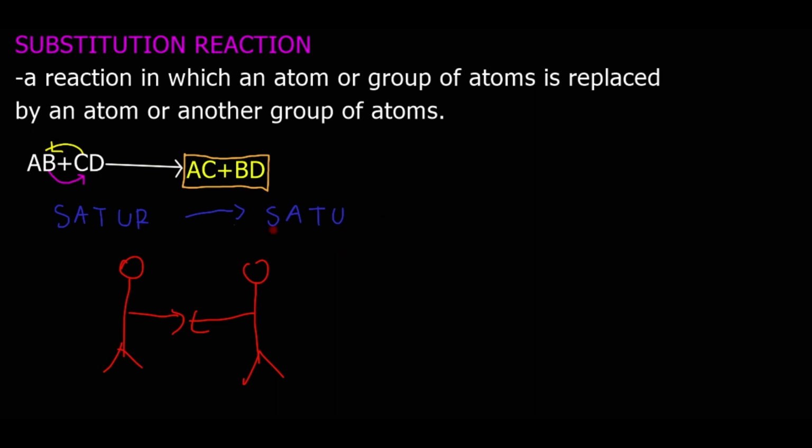So saturated compounds are things like alkanes or haloalkanes because they have only single bonds, but alkenes and alkynes fall under unsaturated because they have double bonds and triple bonds. So that's another way you can identify the substitution reaction in your exam.